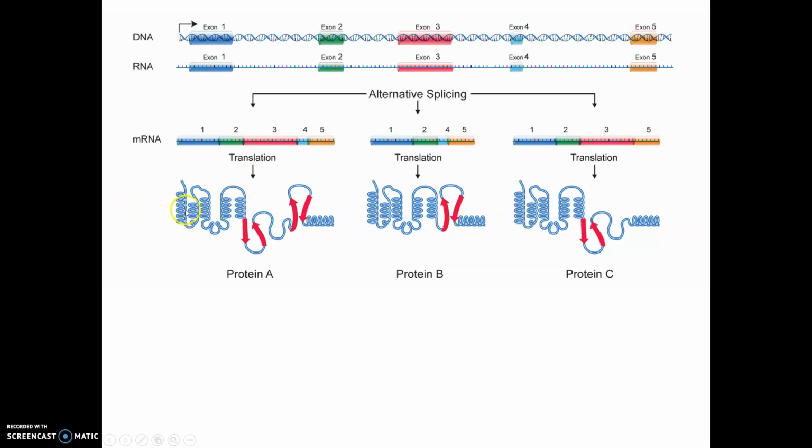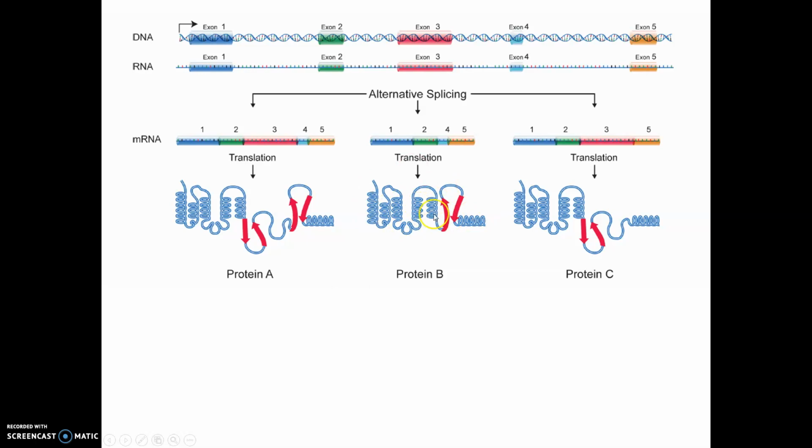You can imagine that if this was involved in DNA binding, so let's say exon 3 is involved in DNA binding, and exon 4 is involved in recruiting a protein. If we were to produce this, we would bind up the protein but not link it to the DNA.